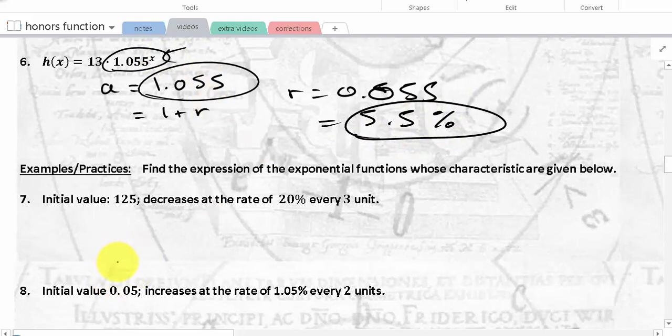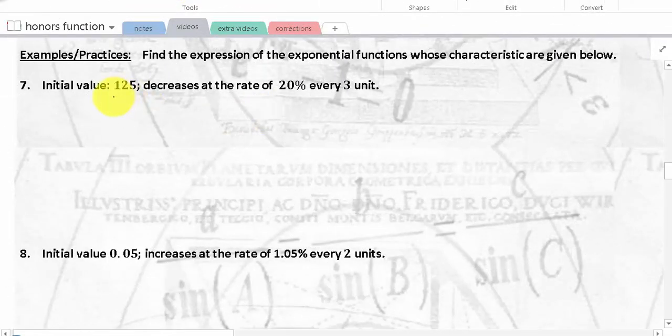Now let's see what happens when it's not every 1 unit. Let's go over example number 7. So what's going on here? The initial value is 125. The rate of decrease is 20%, but now it's every 3 units. Every 3 units, you get a decrease of 20%.